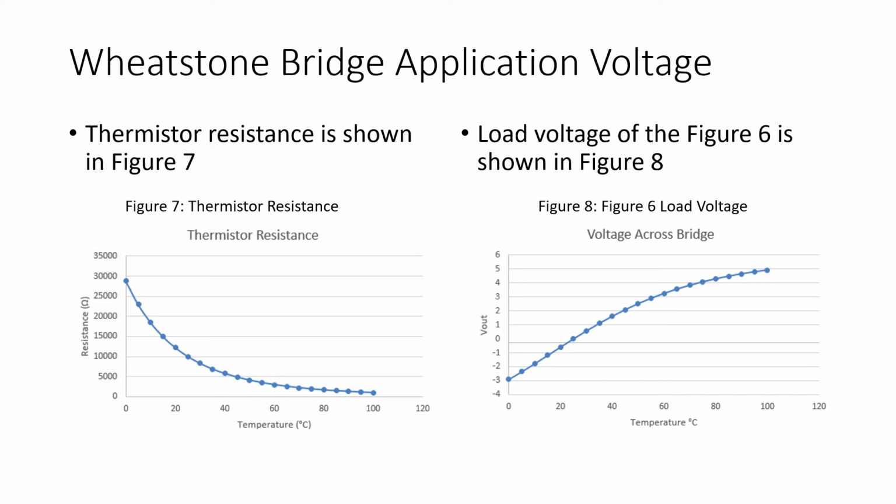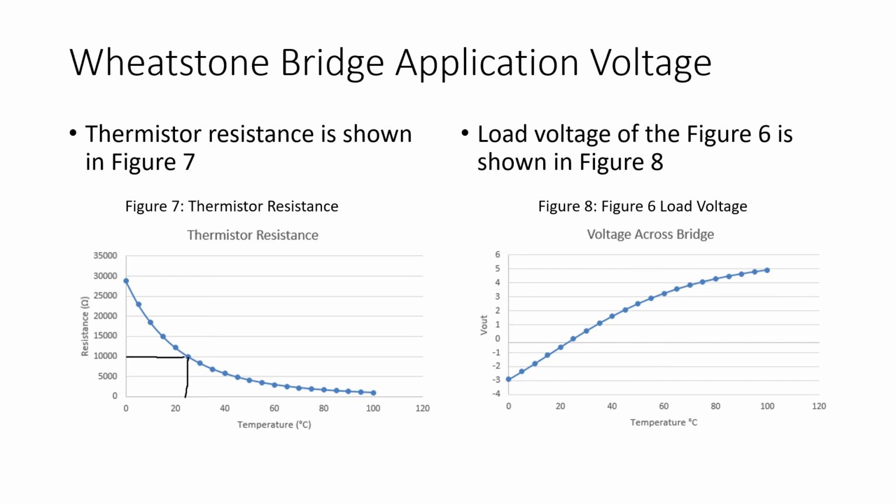And you note that at 25 degrees Celsius, the resistance of the thermistor is 10 k ohms.